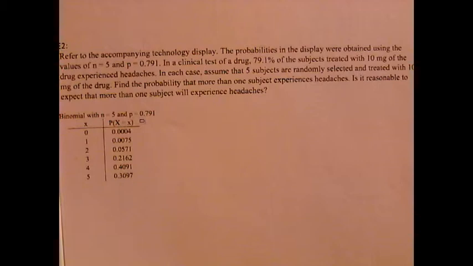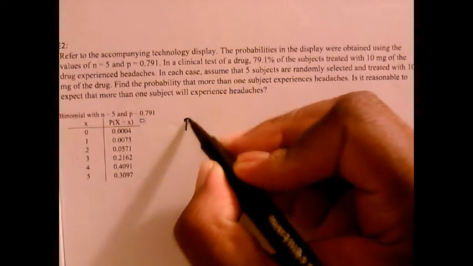In each case, assume that 5 subjects are randomly selected and treated with 10 milligrams of the drug. Find the probability that more than one subject experienced headaches. Is it reasonable to expect that more than one subject will experience headaches? Okay, so now we're finding a probability.